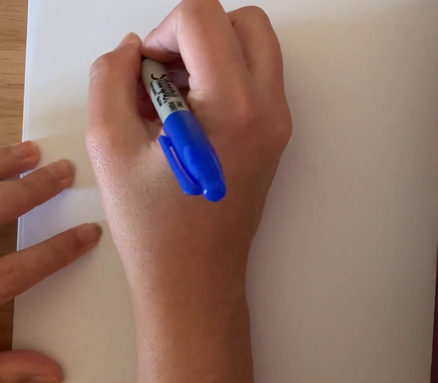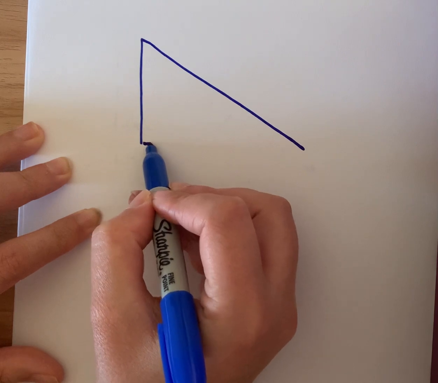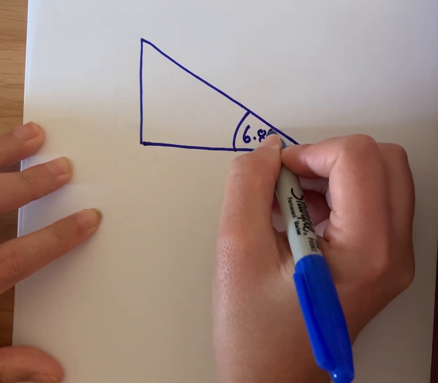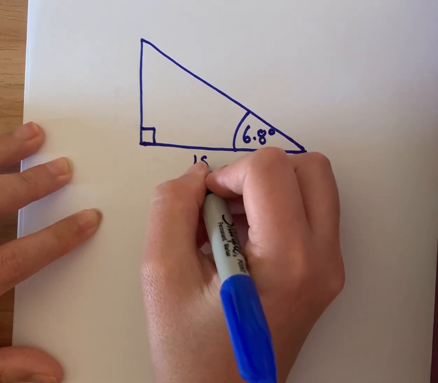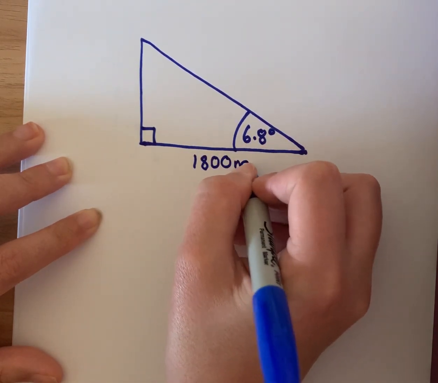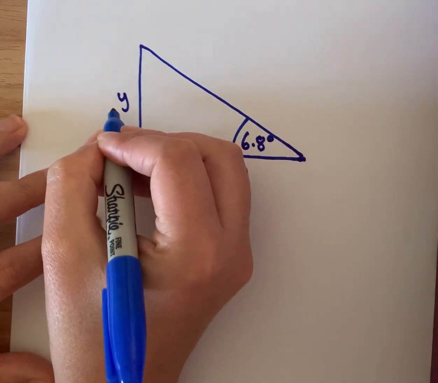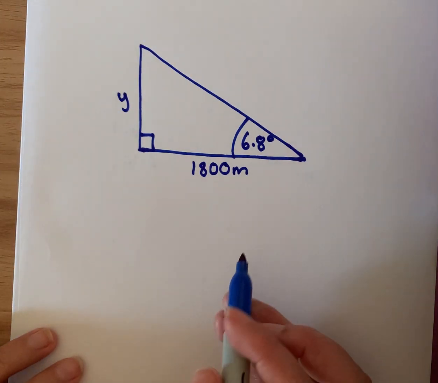So let's draw out another triangle, our larger triangle this time. So we've got another right angle triangle. This time our angle is 6.8 degrees here. Got our right angle. Our distance is still going to be 1,800 meters along the bottom here. And this time we're interested in finding the total height y here, which is this larger side in our larger triangle.